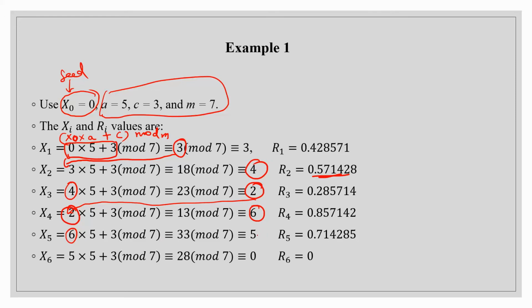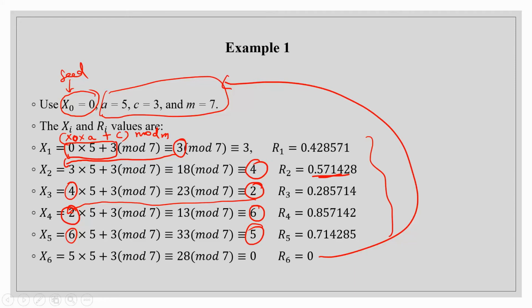And at the last you will see that when I multiply this 5 with 5, it's 25 plus 3, that is 28, and if you take the remainder it comes out to be 0, and it matches the same as where we started. So it will generate the same numbers again.